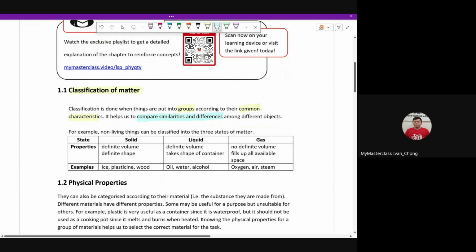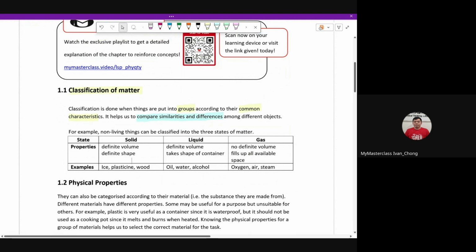It makes our life easier if we want to choose a suitable material, whether to make a table, computers, or handphones, since we need to choose specific properties. By grouping them, we can identify and isolate the group that we want, and put aside those that we don't need.